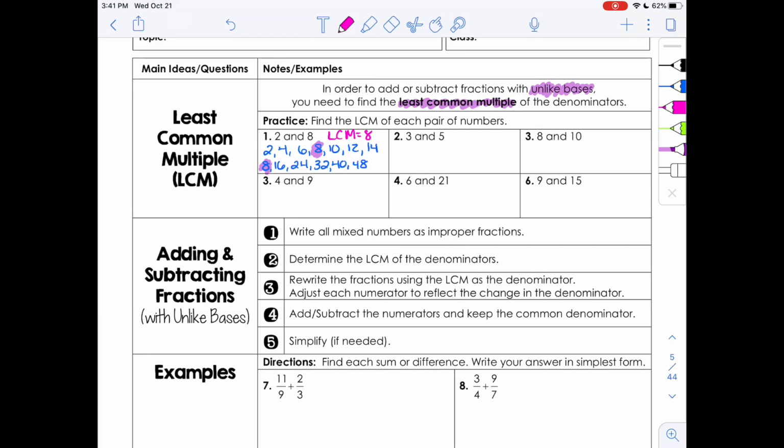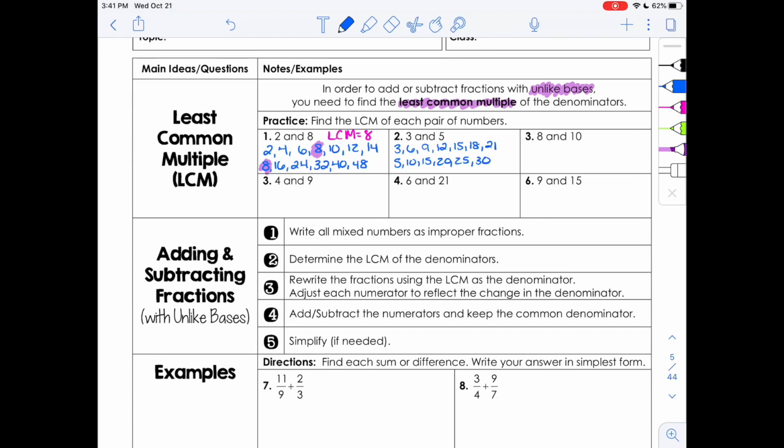For number 2, finding the least common multiple between 3 and 5. So starting by listing our multiples of 3: 3, 6, 9, 12, 15, 18, and 21. And then listing the first several of 5: 5, 10, 15, 20, 25, 30.